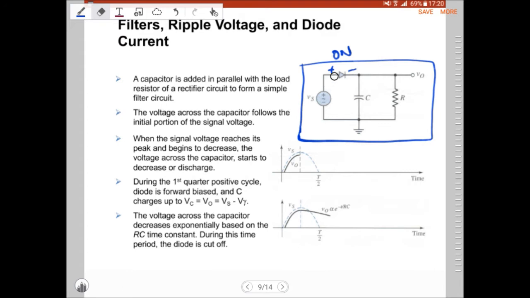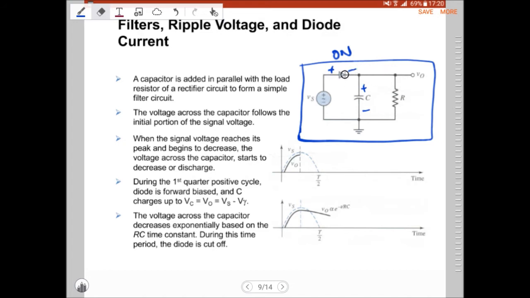It means there will be current flowing, and it will start to charge the capacitor, positive, negative over here. During this period, until the peak of the input, there will be charging of the capacitor.